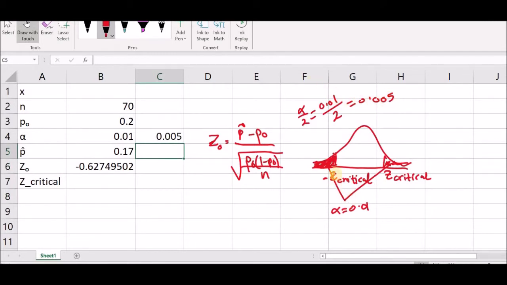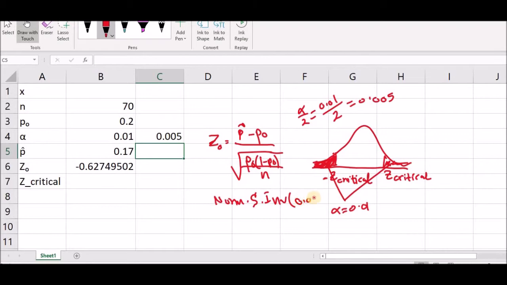Then I will go ahead and compute the Z critical using NORM.S.INV, because we're dealing with the Z scores, inverse because we have the area and we would like to find the number that is the cutoff for that area, or the bottom 0.5%.